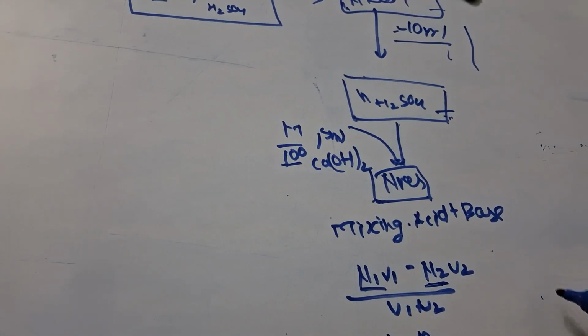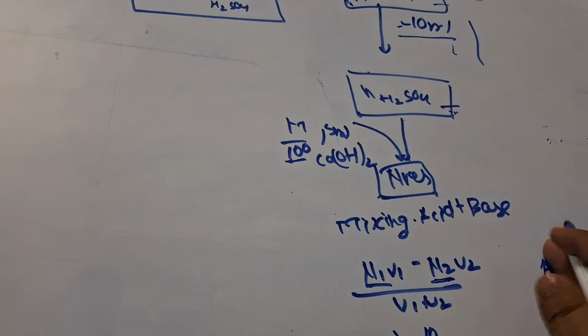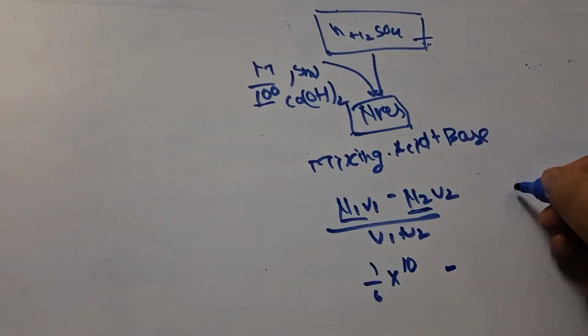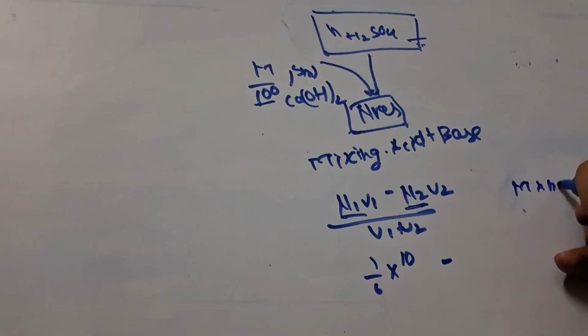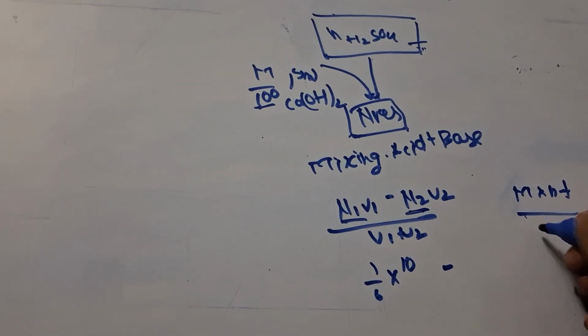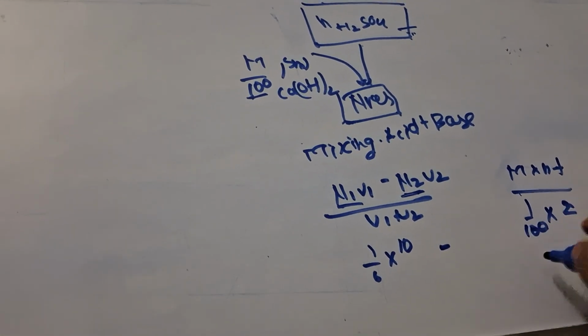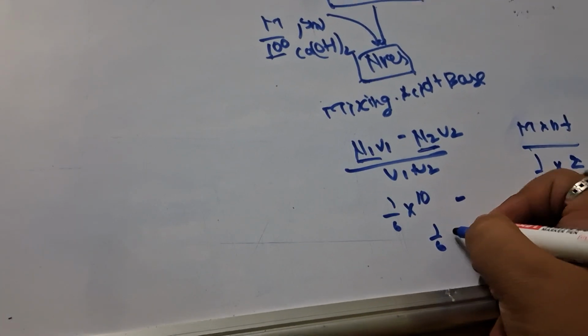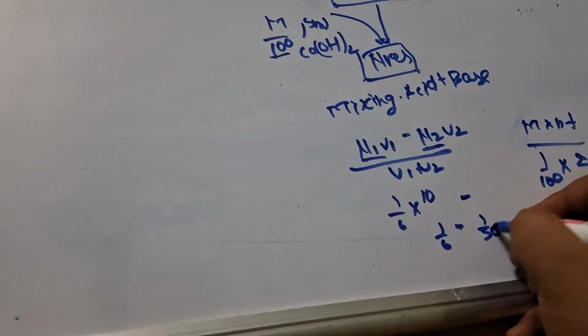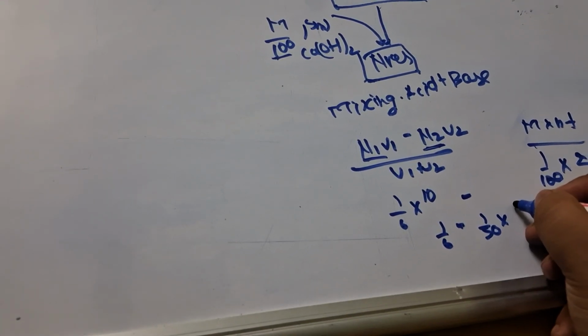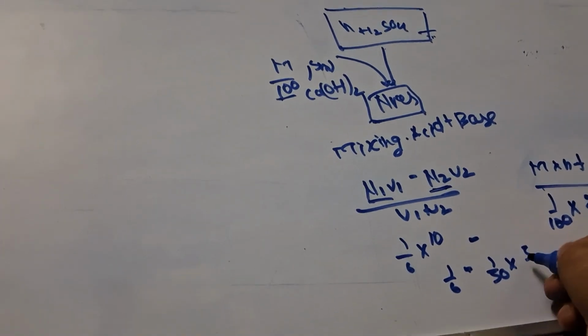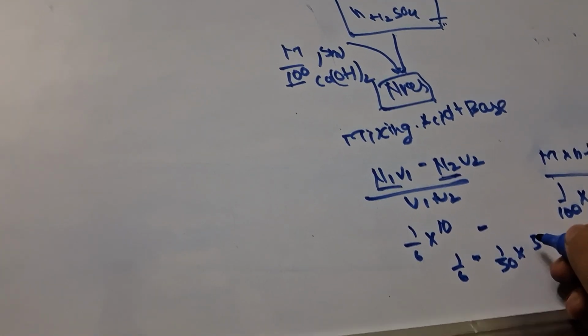Normality of this is molarity into n factor. So that is 1 by 100 into 2, that is 1 by 50. So 1 by 6 minus 1 by 50 into V2, 5, right? That's 1 by 10.